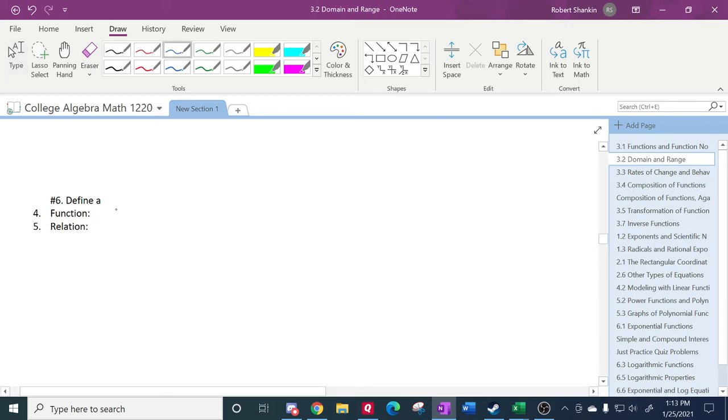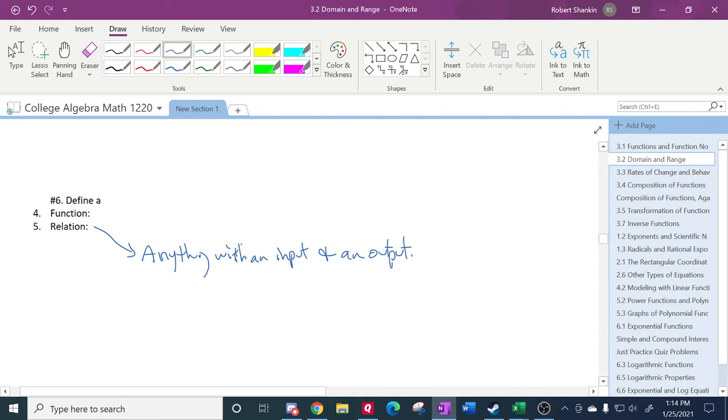Okay, so let's look at relation first. That's the first thing we looked at. I had called it an input-output process, or anything with an input and an output, or two variables.